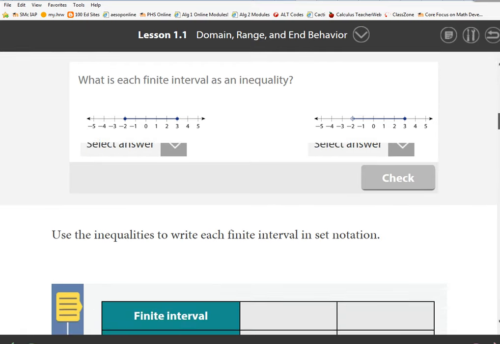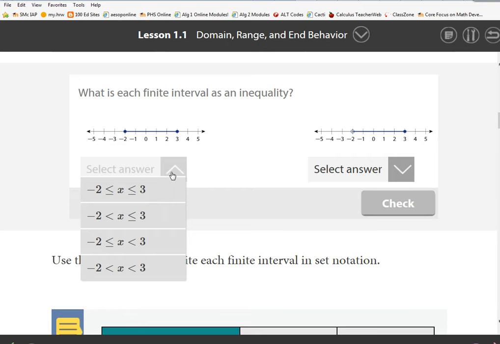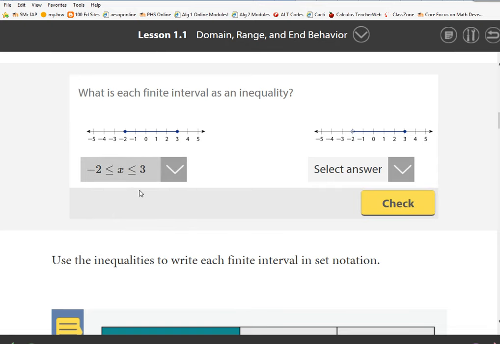What do we get here? Let's try this. What if we want to write these as inequalities? Luke, first, second, third, or fourth? First, good. Okay. How about this one? Which one?